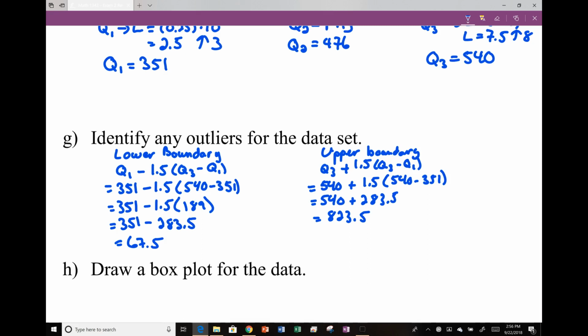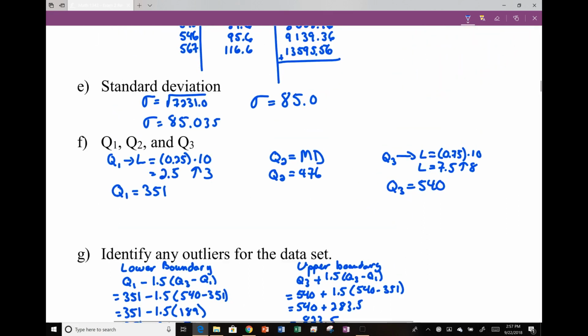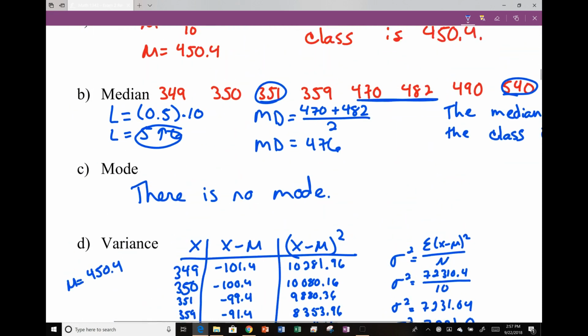That's my lower boundary. My upper boundary is going to be my Q3, which is 540, plus 1.5 times Q3 minus Q1. Well, remember that this value right here is the same as what we subtracted over here. So we actually get 540 plus 283.5, which is 823.5. So I'm going to go back up to our data set.